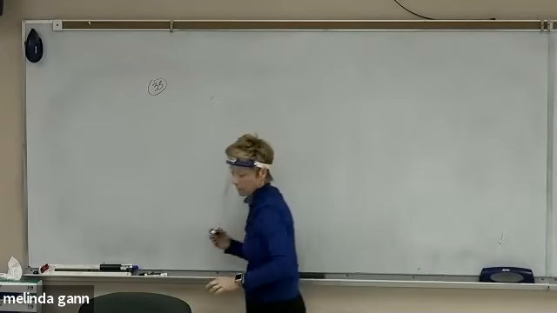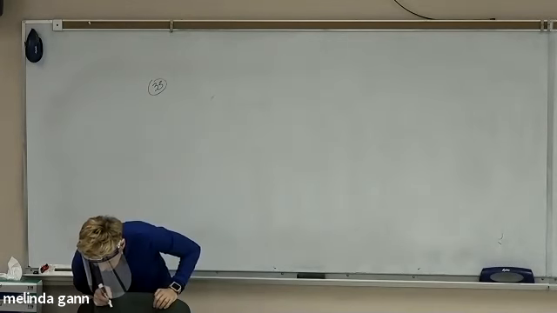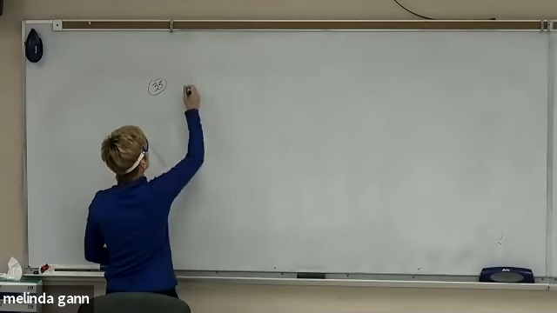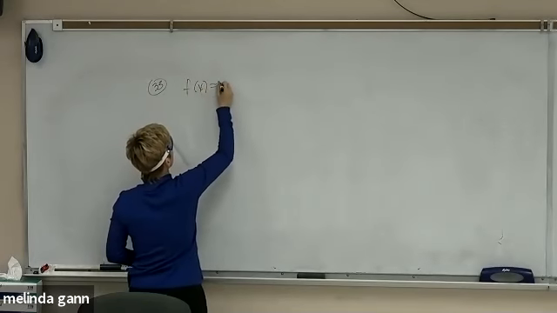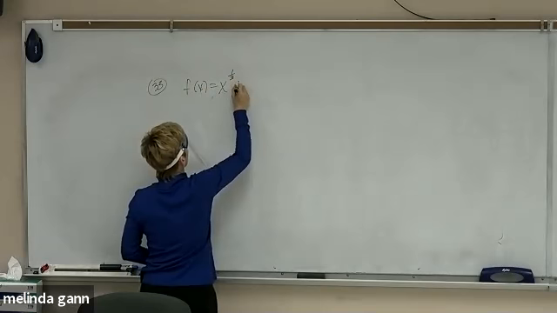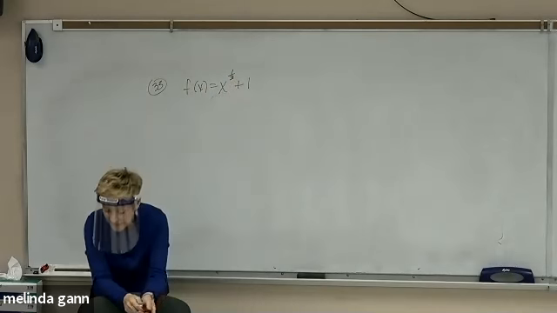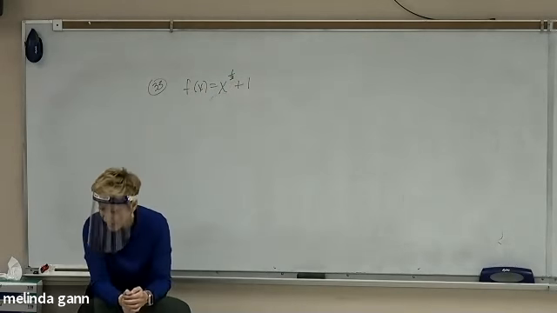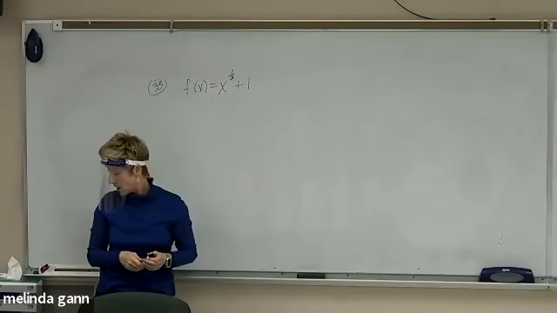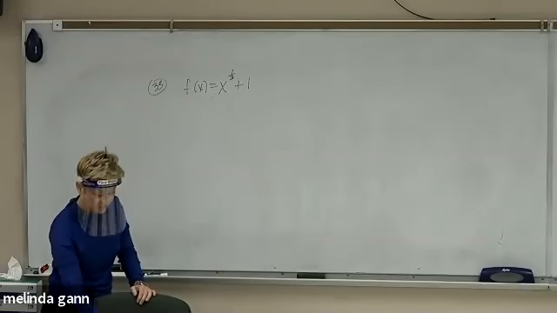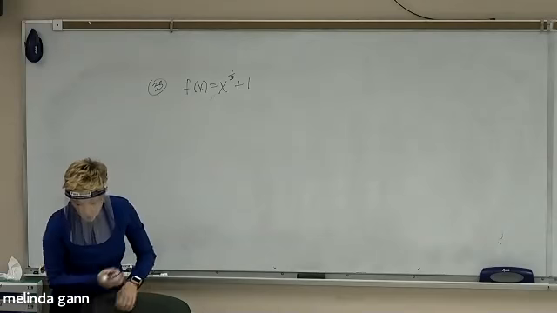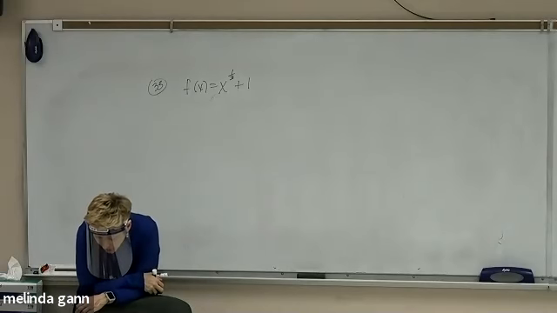All right. So 33 says f of x equals x to the 1/3 plus 1. And again, I doubt that you know what that graph looks like without your graphers. So the directions told you to find the critical numbers and find where it increases and decreases, all right?